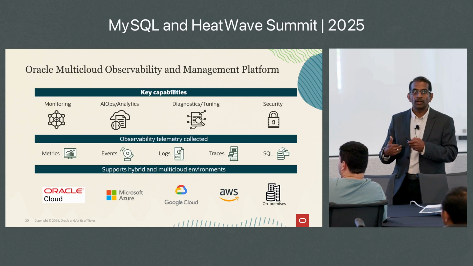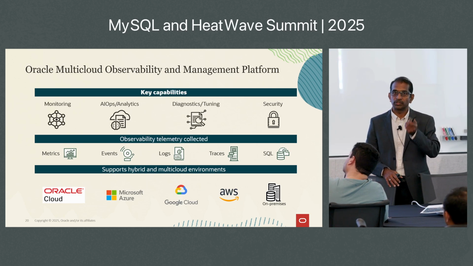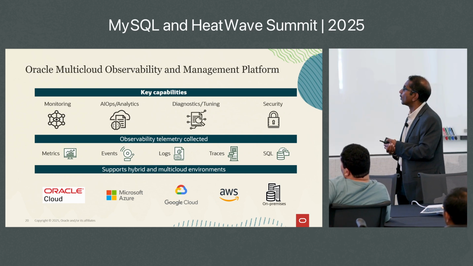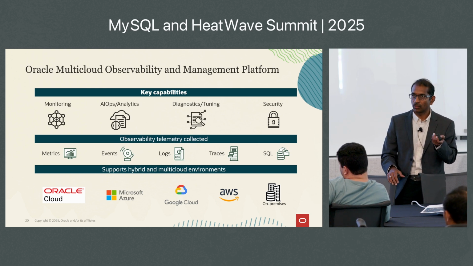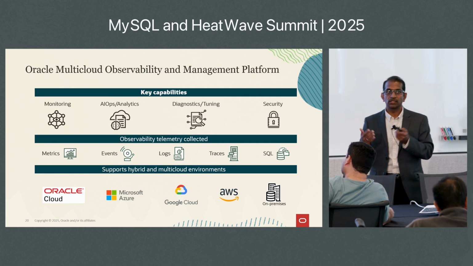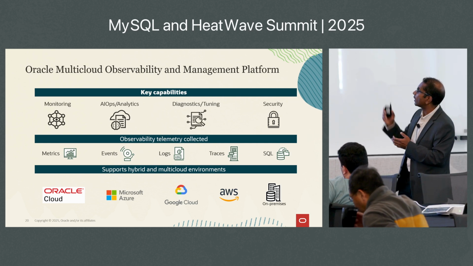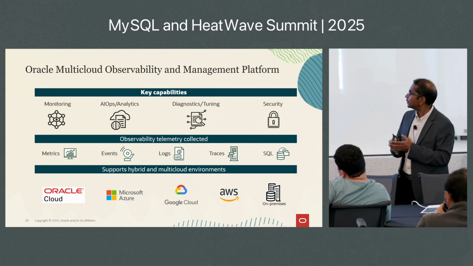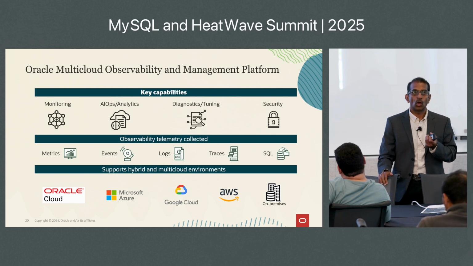In this talk, we are going to focus on how we can use observability tools within the cloud. This is the observability and management platform within Oracle Cloud. You have capabilities for monitoring. You start with monitoring and then you end up having observability. We'll discuss the difference between monitoring and observability. You have capabilities for AI ops and analytics, and you can do diagnostics and tuning. The core fundamentals are metrics, events, logs, traces, and SQL.